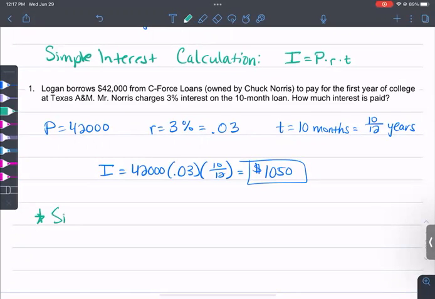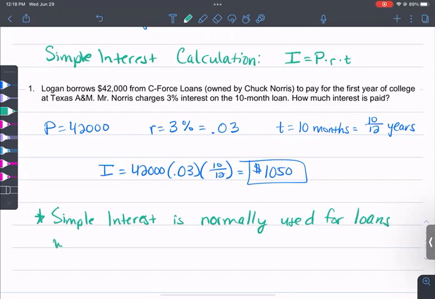So a note here, simple interest is normally used for loans with a term of 1 year or less.